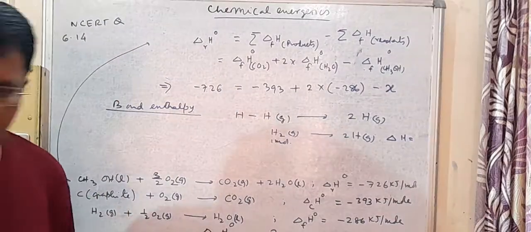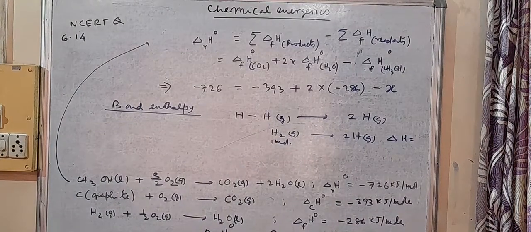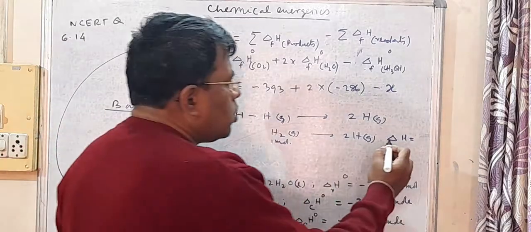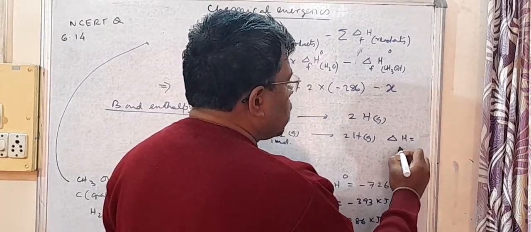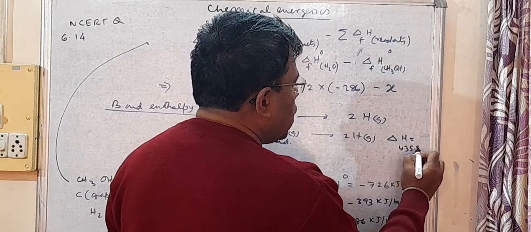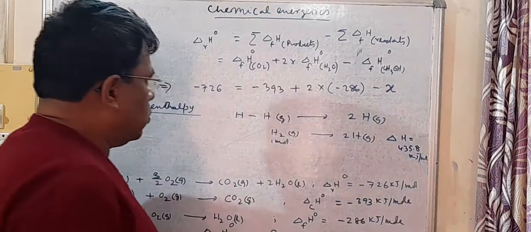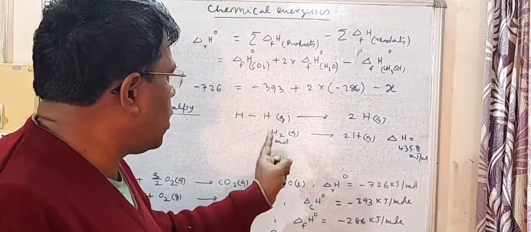I am giving the value of hydrogen. It is 435.8 kilojoules per mole. So this is called bond enthalpy.